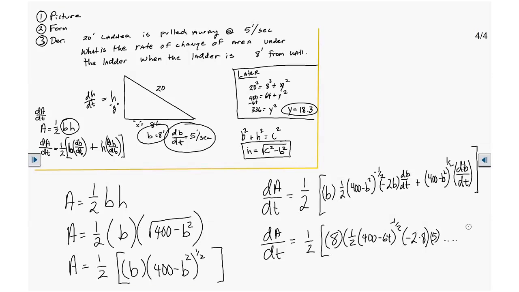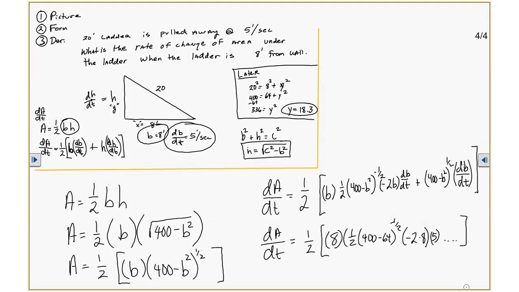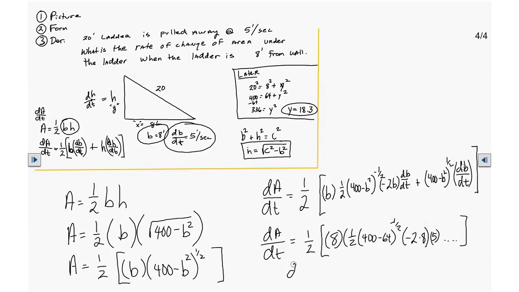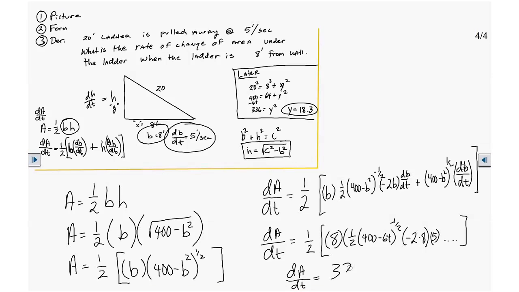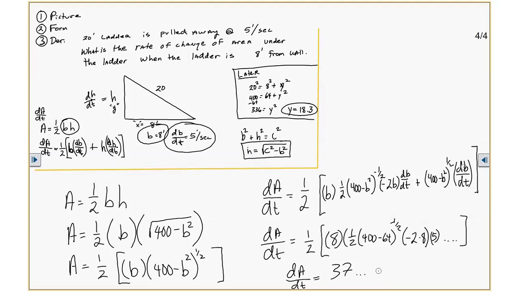When you do all the math, I got 37. I'm going to just leave it at 37 square feet per second.